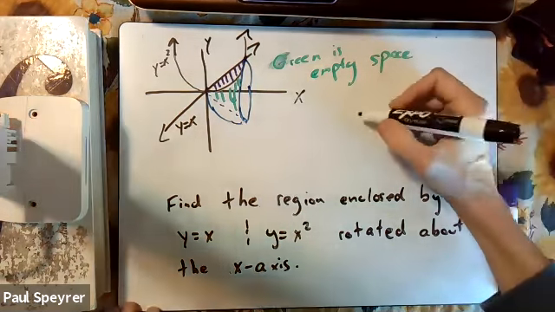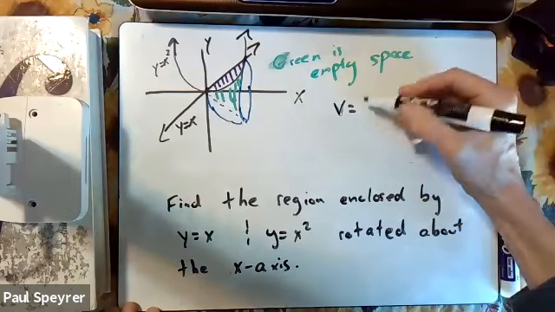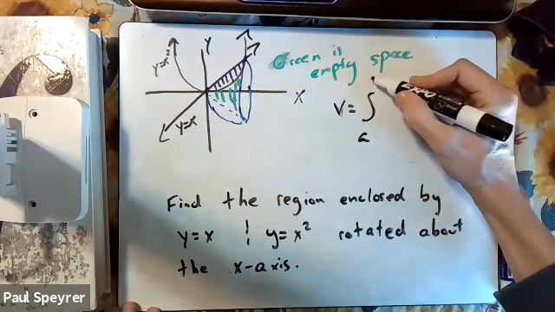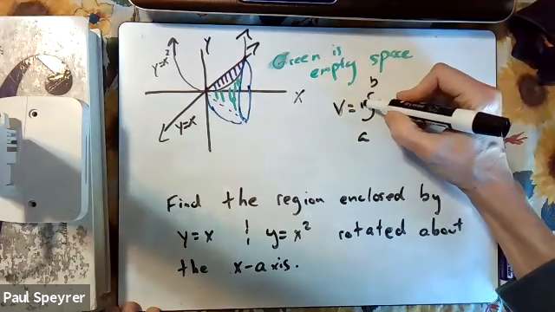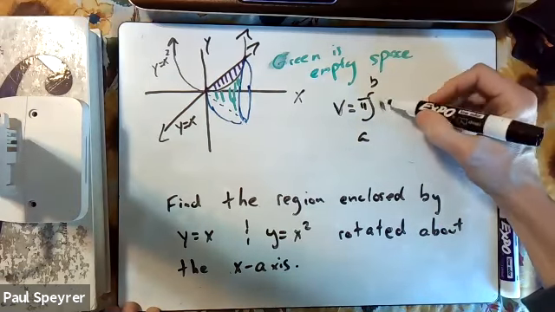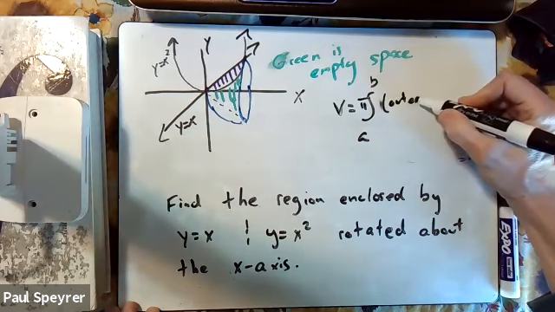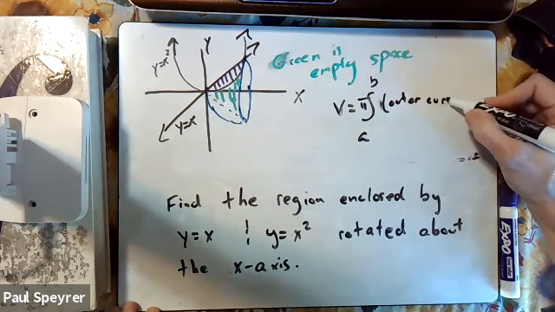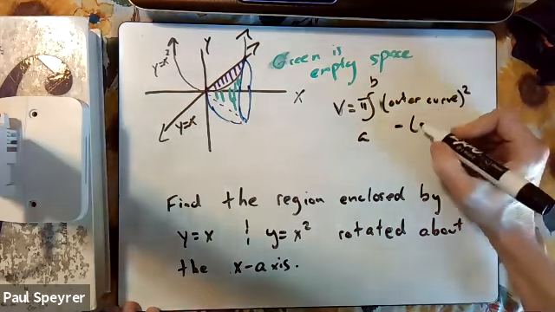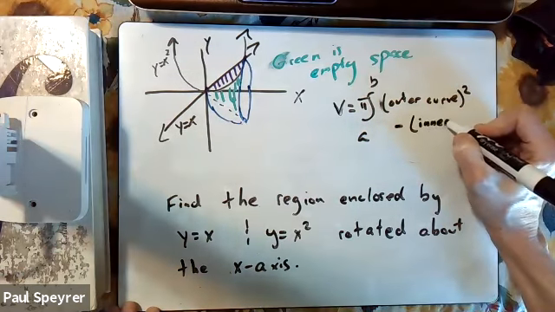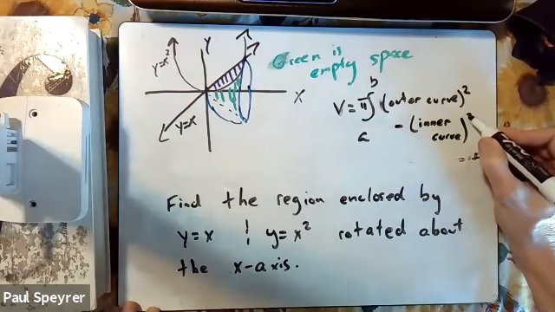So the volume is pi times the integral from a to b of the outer curve squared minus the inner curve squared dx.